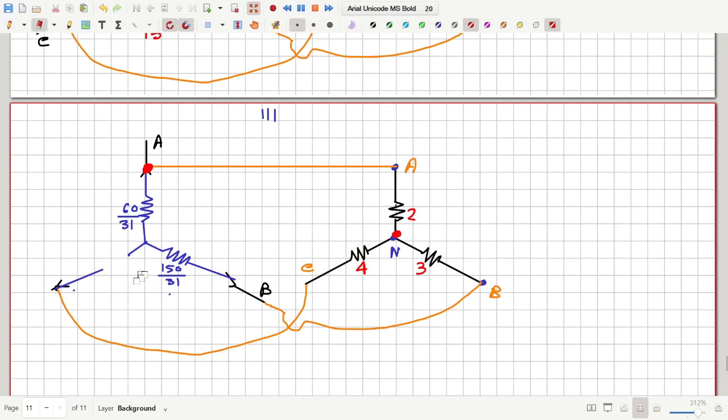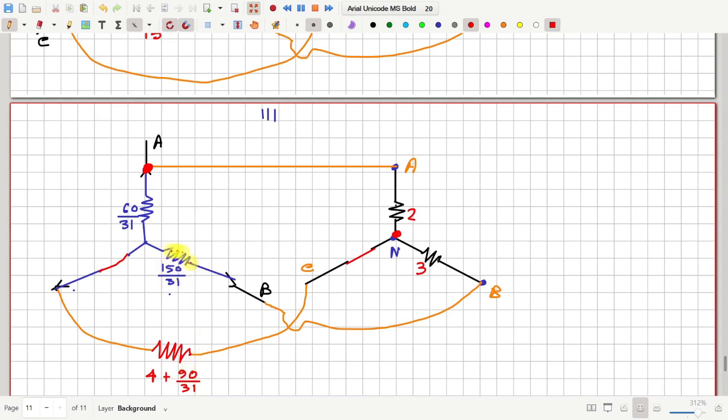So let me remove this, and also I'm removing this, and then I put one single resistance whose value is 4 plus 90/31.